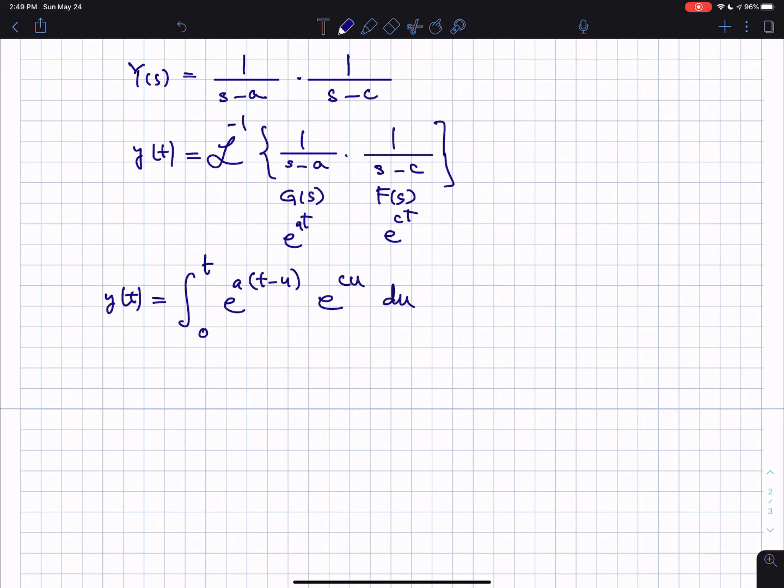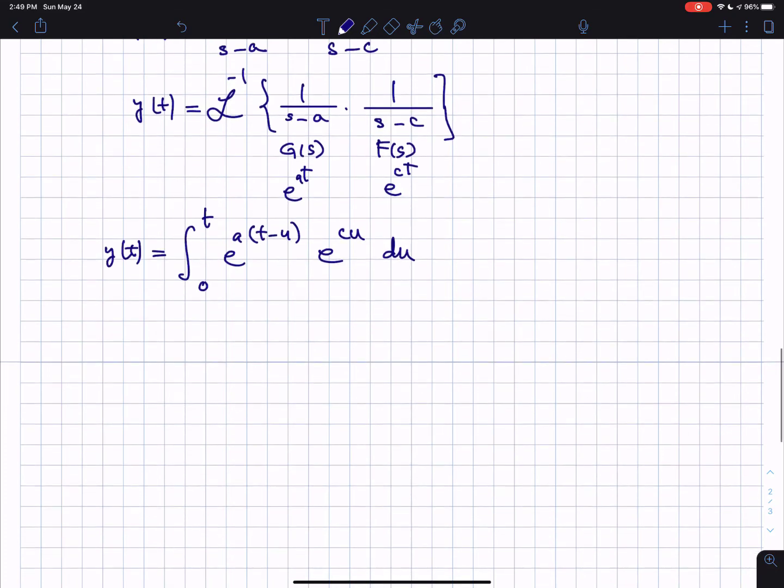So that becomes my solution. At this point you'd say, well, it would have been easier for me to just do partial fraction decomposition. In this case, yes, but there are a lot of cases where it wouldn't be. I just wanted to show you how it's done with the concept of a convolution. Now, we could simply integrate that. I'm not going to go through the integration process of a simple exponential there, so I'm just going to write the answer for you.